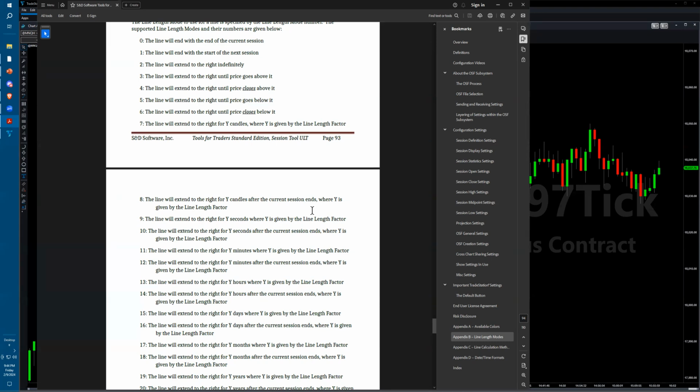You can call them variations on a theme. If you look here, you'll see some where, method number 10, the line can extend to the right for X number of, or Y number of seconds after the session ends. And if you can do that for seconds, of course, he's got it for minutes and hours and days and months and years as well, so that you can pick whatever is most convenient for the chart you're looking at.